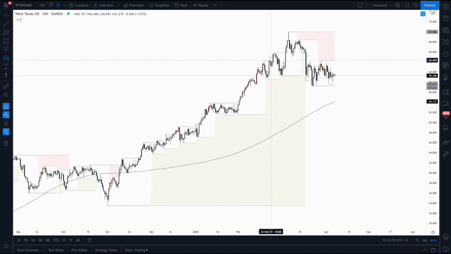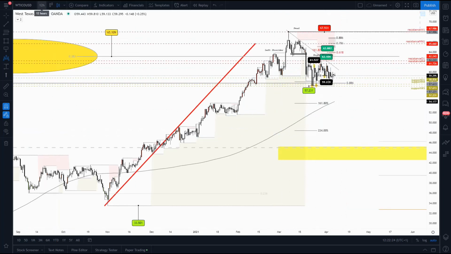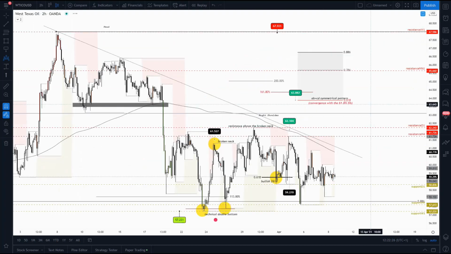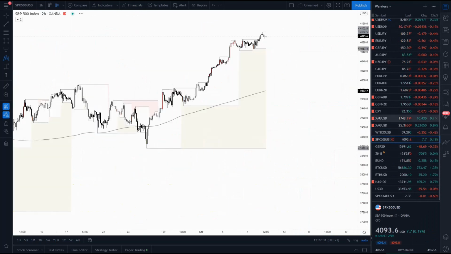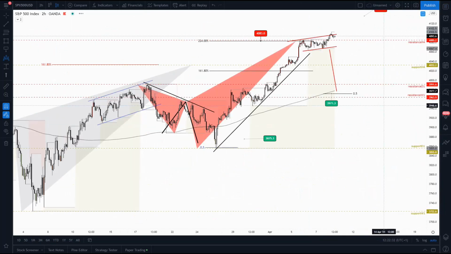So we have kind of a left shoulder, the head, and this price structure as resistance as the right shoulder. So breaking below the most recent lows should trigger more downside for crude oil. Let's wait and see.